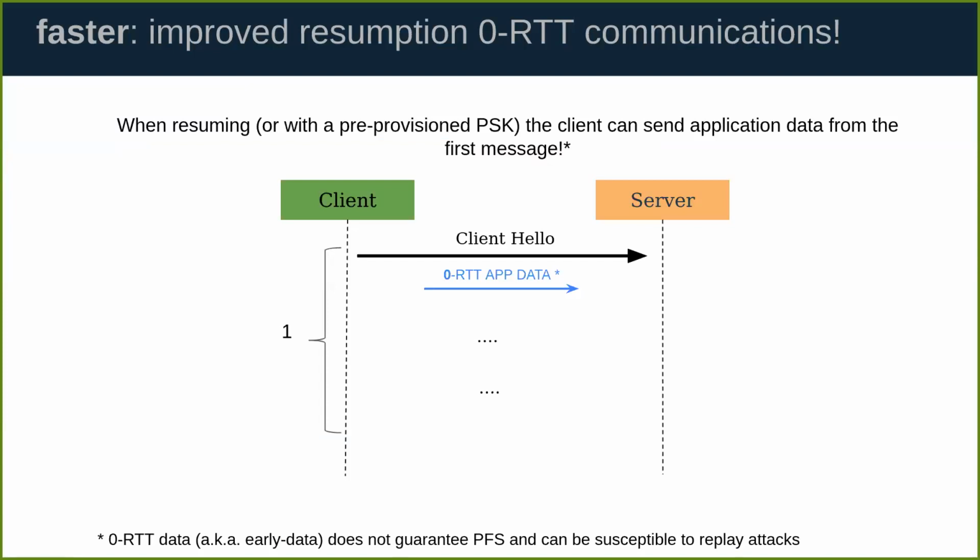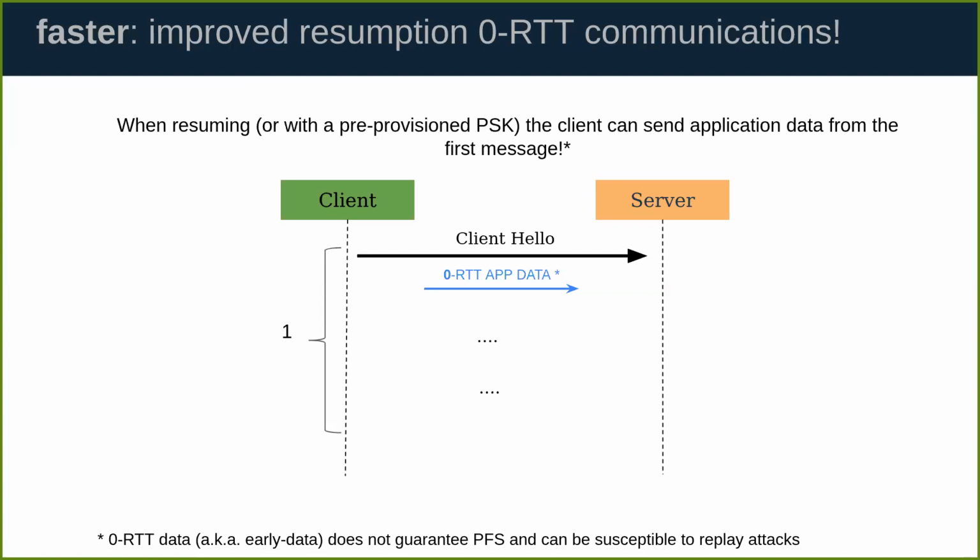And a third way to make sending data even faster is the 0 round trip time application data. TLS 1.3 introduced 0 round trip time data, or early data, and it can be sent, encrypted of course, immediately with the client hello message when resuming a previous session or when you are establishing a session using out-of-band PSK data.